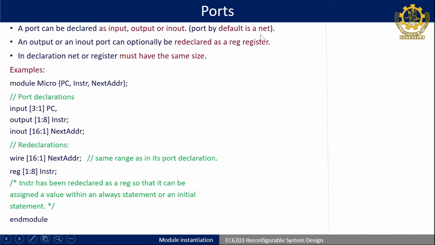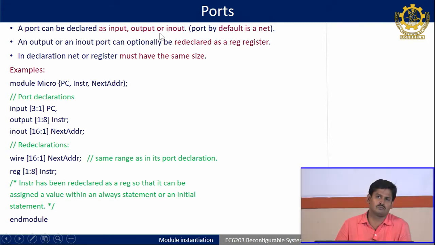Ports are by default wire or net type. If you want to use a specific port inside an always or initial block, then you have to define that port as a register. Else, ports are by default net type, which means we declare them as wire. Understood?